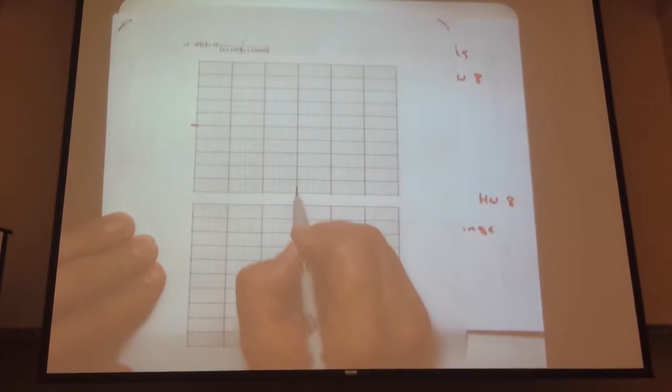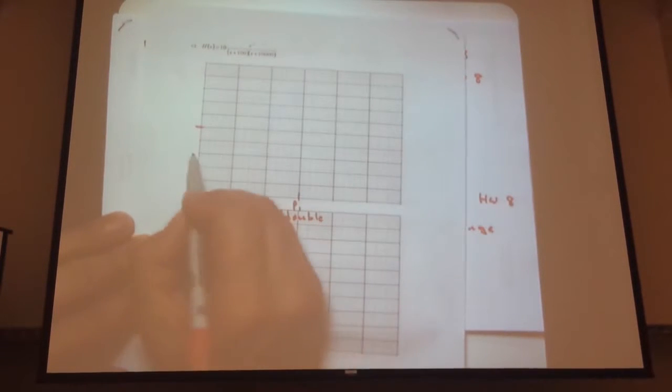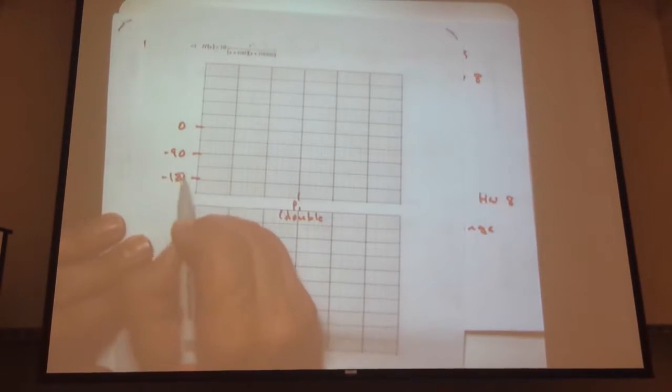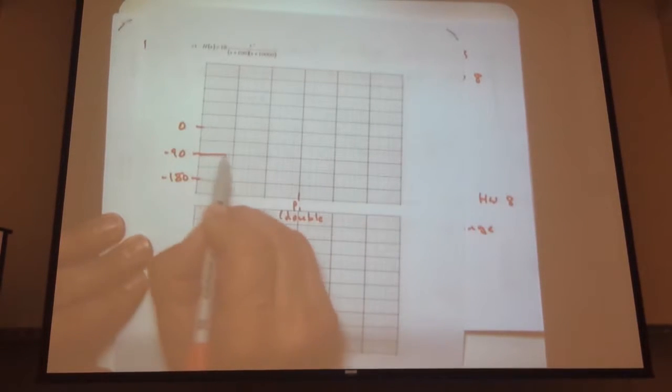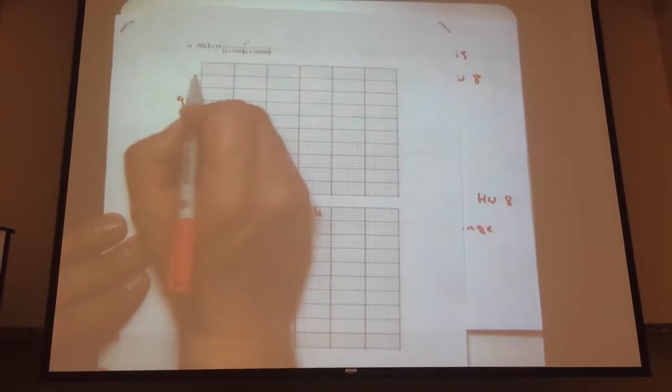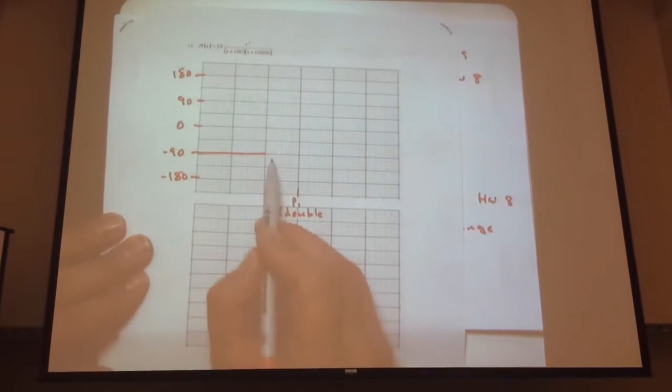This is our double pole, P1, double. 0, minus 90, minus 180. Well, if we're at minus 90 or less than that, where do we go?